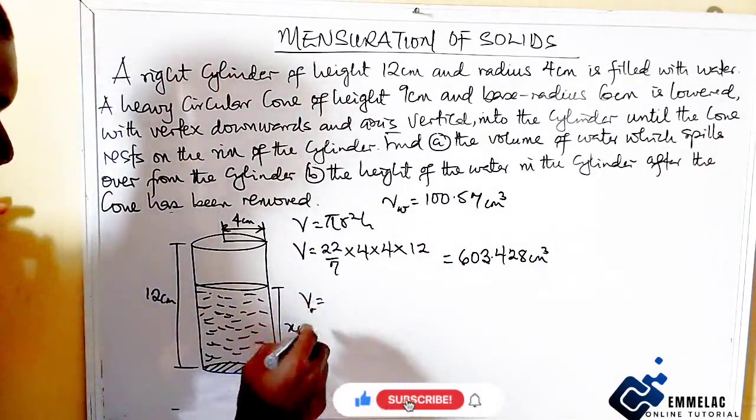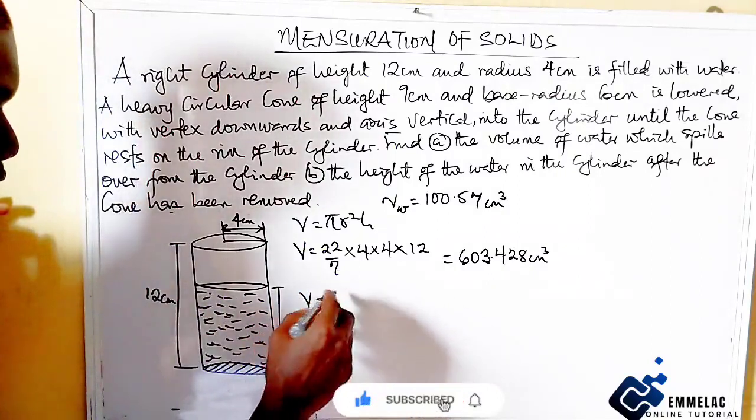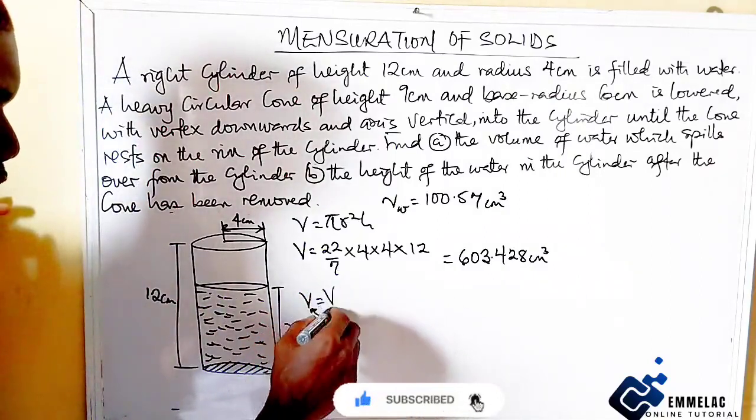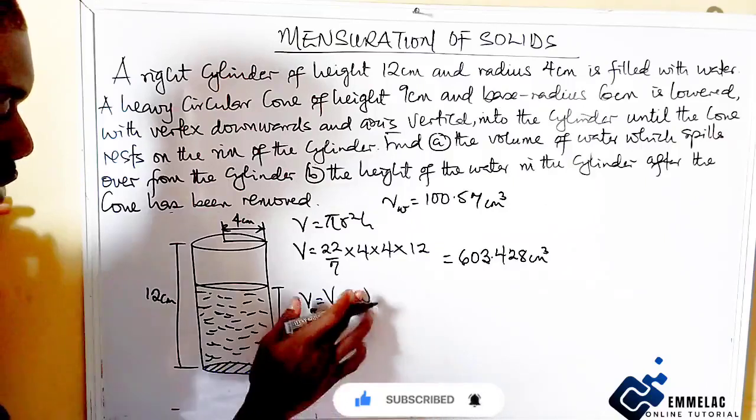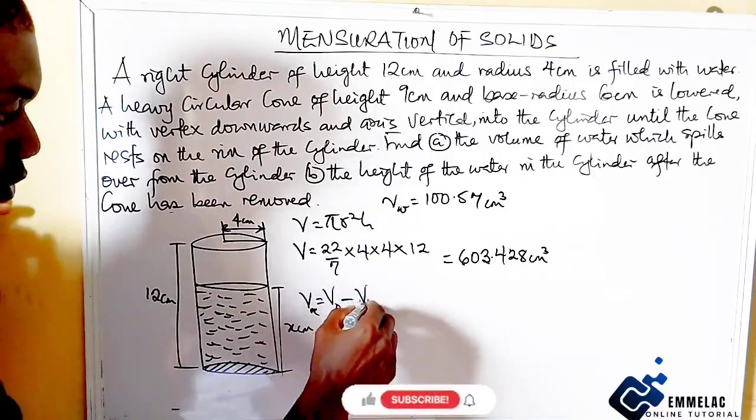So from here we can see the volume remaining equals the total volume minus the volume of water that spilled.